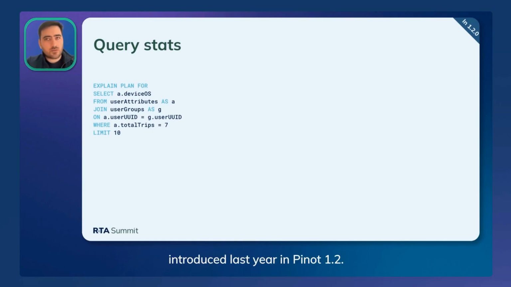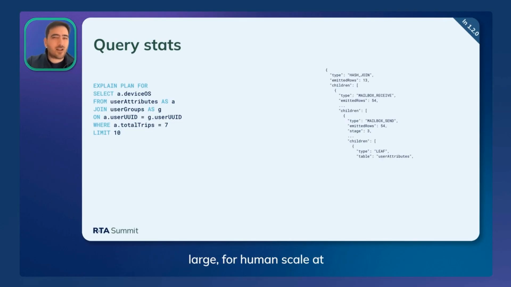This feature was introduced last year in Pinot 1.2, and the information is shown as a very large, for human scale at least, JSON, which includes several stats for each operator that has been executed in your query, right?